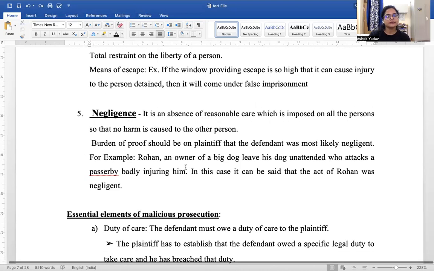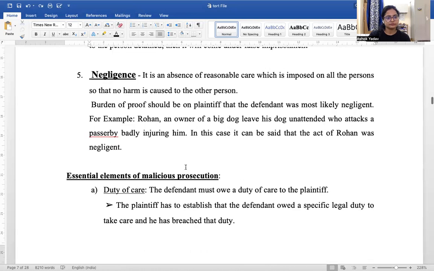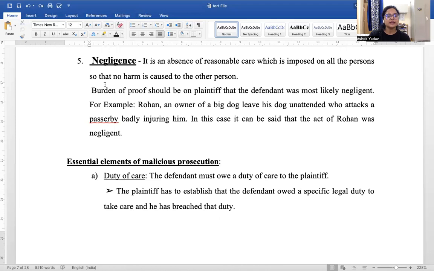Now, the next tort that we study is negligence. Negligence is an absence of reasonable care, which is imposed on all persons so that no harm is caused to others. The burden of proof is on the plaintiff to prove that the defendant was most likely negligent.